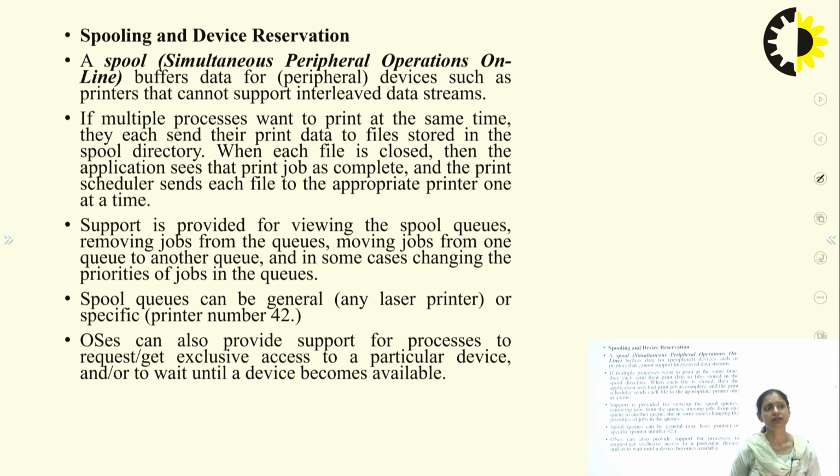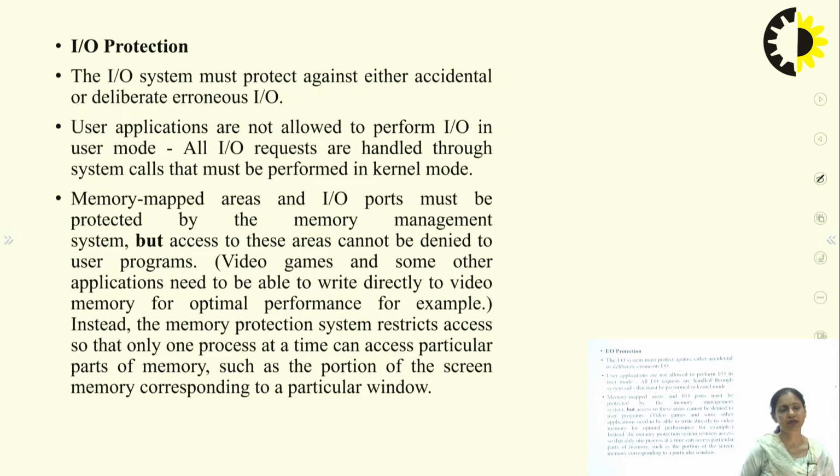When each file is closed, the application sees that print job as complete, and the print scheduler will send each file to the appropriate printer one at a time. Support is provided by viewing the spool queues, removing jobs from queues, moving jobs from one queue to another, and so on. Operating systems can also provide support for processes to get exclusive access to particular devices, or wait until a device becomes available.